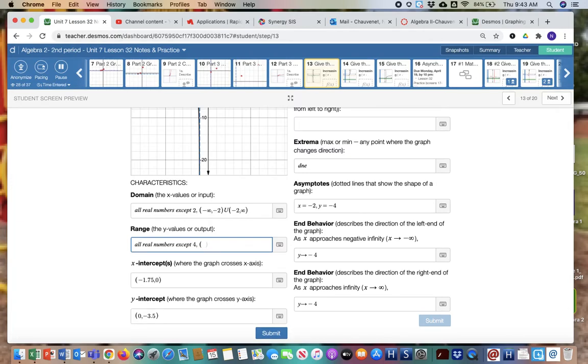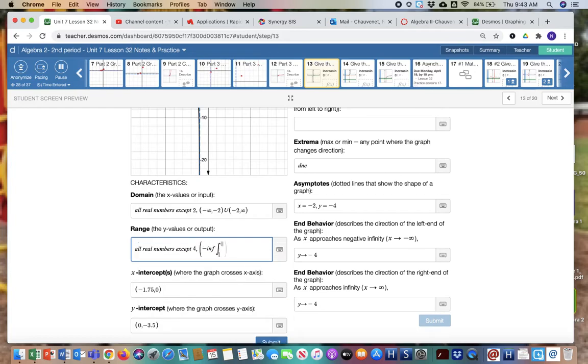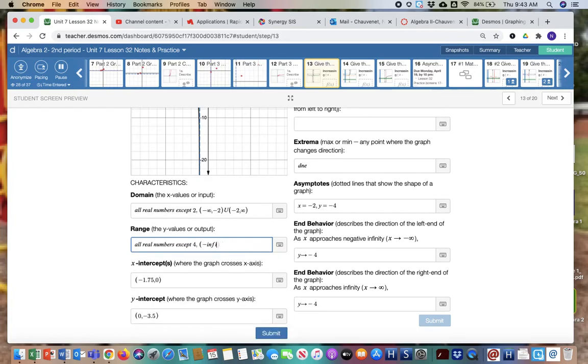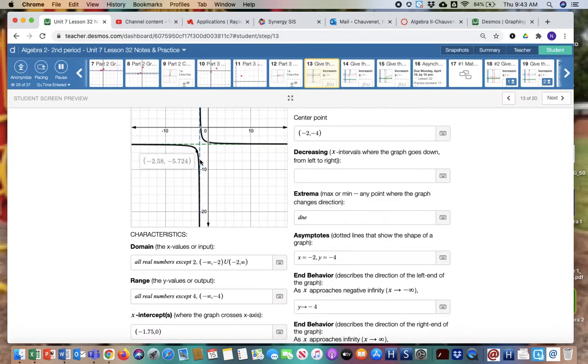Or we say, hey, it goes from -infinity to -4, and again, that just describes this part of the graph. It can't be -4, and then it goes from -4 up forever. So then we would say union -4 to infinity.